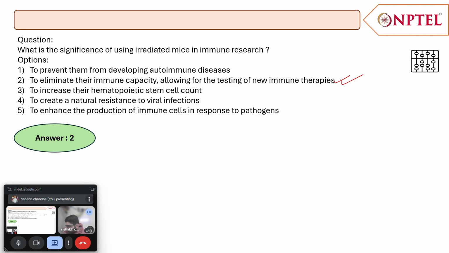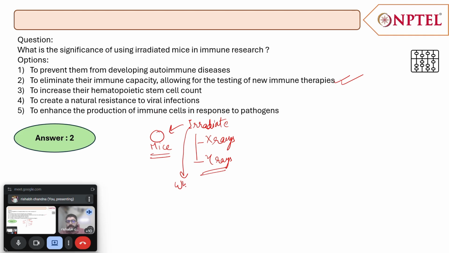Basically, we take a mouse and irradiate it using either x-rays or gamma rays, and generally this irradiation is whole body, so that all the body's hematopoietic stem cells die.